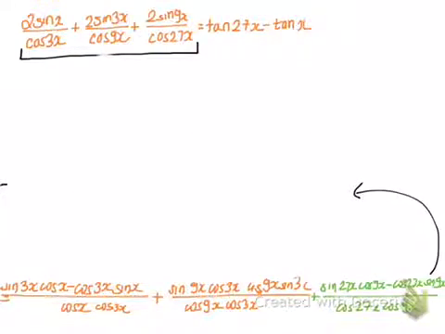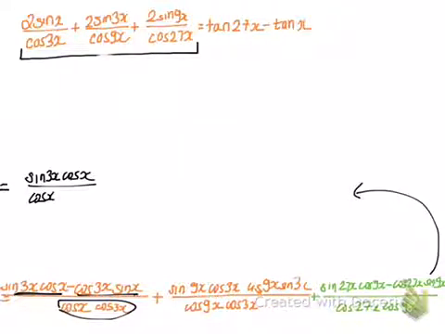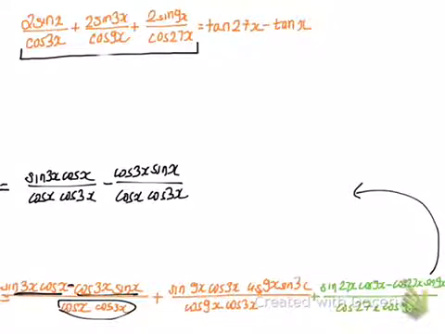Now what we can do is we can just distribute this denominator part for both the expressions here. So we can write this as sine 3x dot cos x, divided by cos x dot cos 3x, and then comes the negative sign here, and cos 3x dot sine x divided by the same denominator cos x dot cos 3x. Now for this part, we can follow the same procedure. Here I'm going to distribute this denominator.